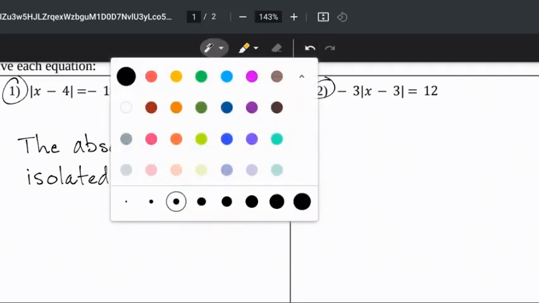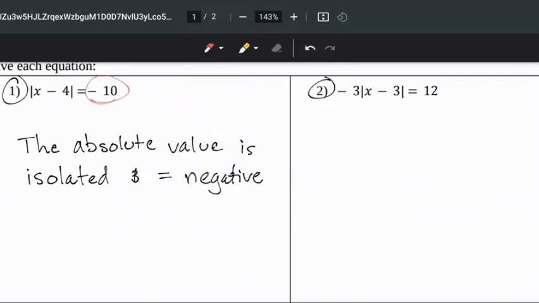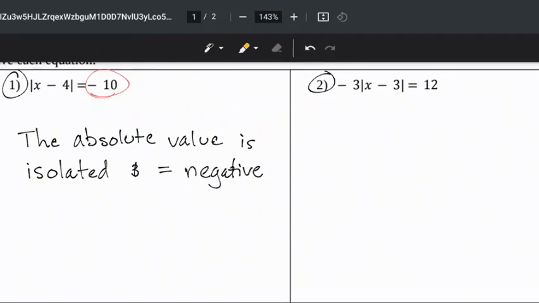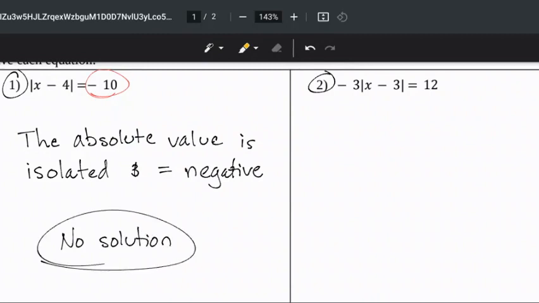It equals negative 10. So in this case, we stop the problem right there. It is a no solution situation.